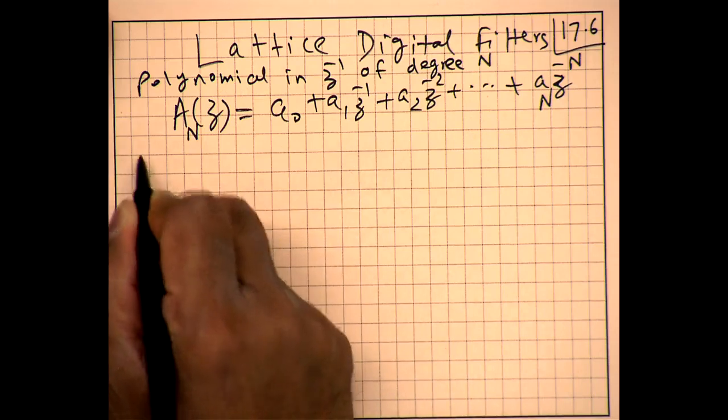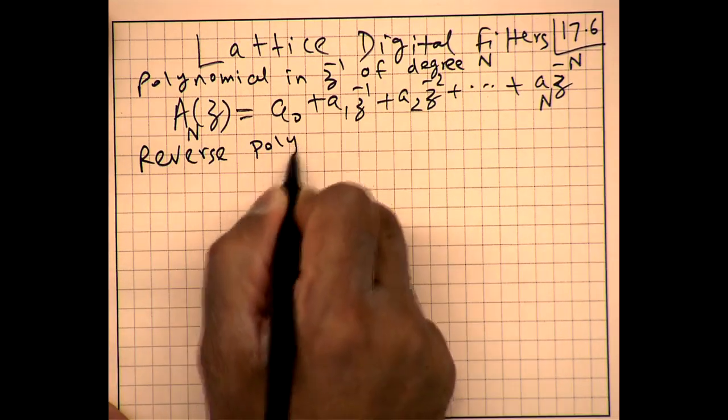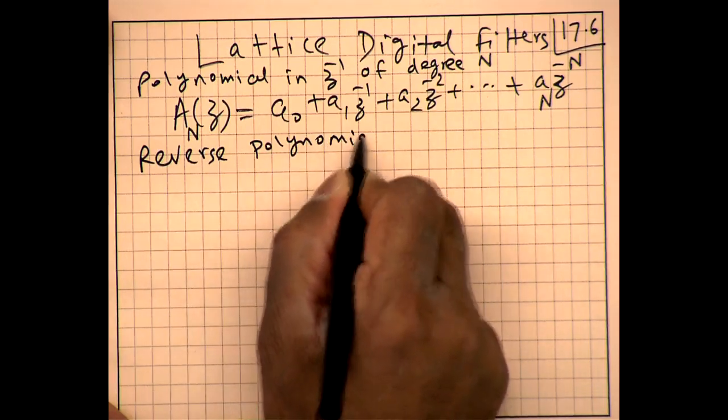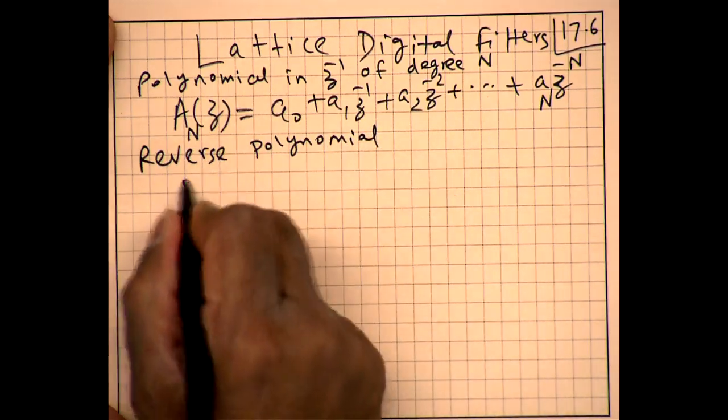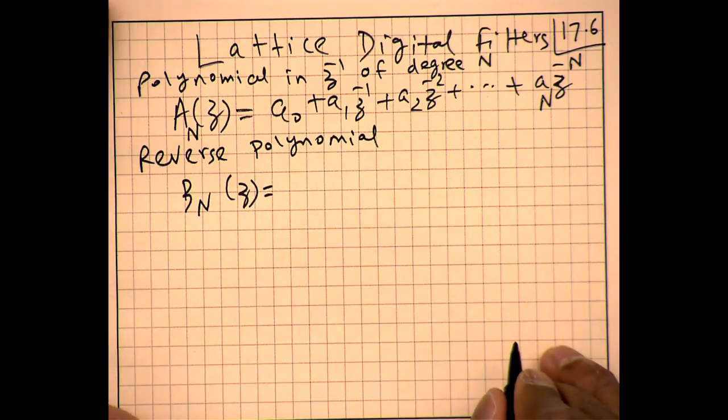And we define a reverse polynomial. So given An, I can define a reverse polynomial where the coefficients are reversed.